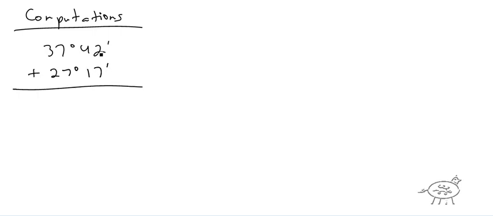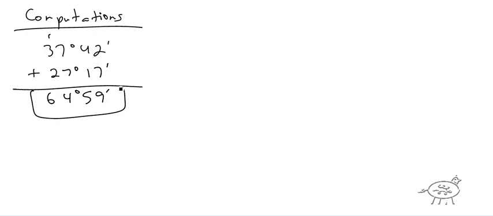Okay, we're just going to add together. 2 plus 7 is 9, 4 plus 1 is 5, so 59 minutes. 7 plus 7 is 14, carry the 1. 3 plus 2 is 5, plus 1 is 6. So it's 64 degrees, 59 minutes. Okay, that's actually really pretty easy.